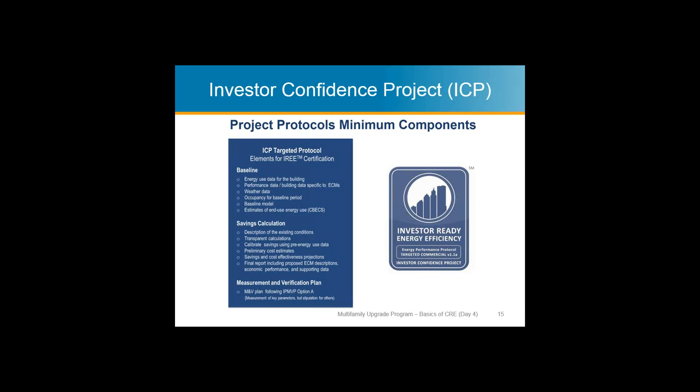So on a building level scale, or even maybe more project level scale, they're really looking to have the energy efficiency project stamped, for lack of a better word, with the investor-ready energy efficiency label that you see on the right.